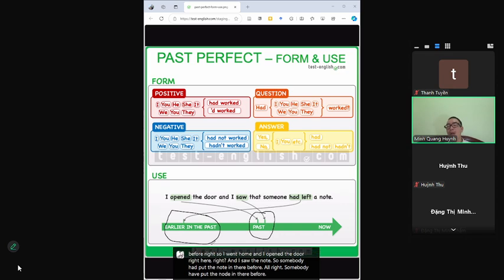So when you talk about 2 actions, and one action happened before the other action in the past, you use the past perfect. I opened the door and I saw that someone had left a note. That happened before I opened the door. So when an action happened before another action in the past, you use the past perfect, right?